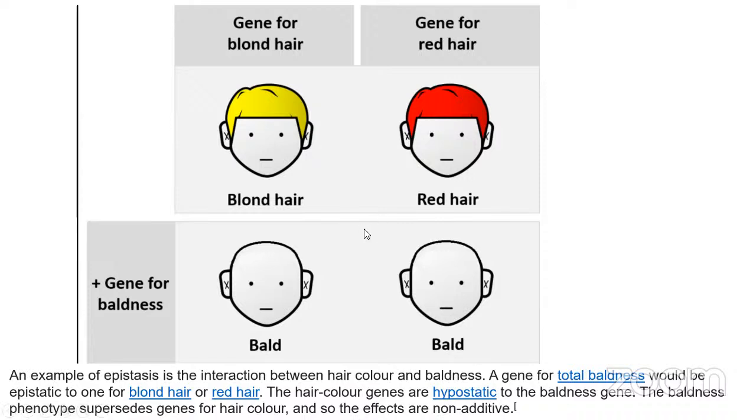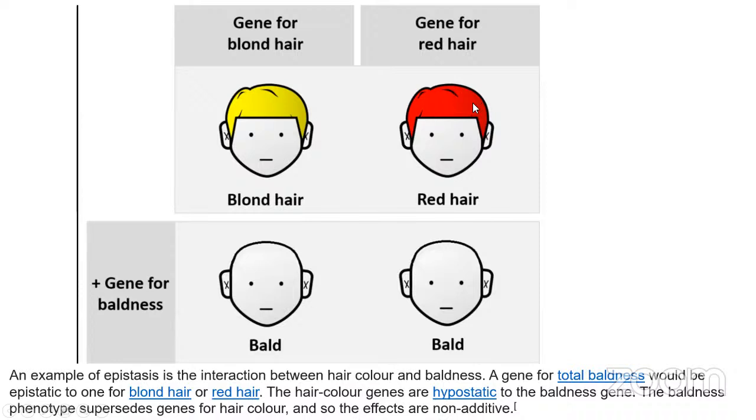So in case of bald people, there will be no role for the gene for hair color. That means the baldness gene is repressing the effect of the hair color. This means that the baldness gene is epistatic over the gene for hair color.